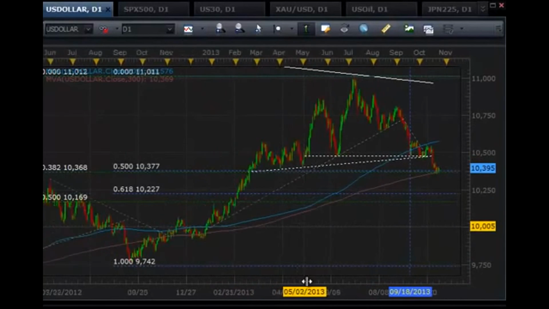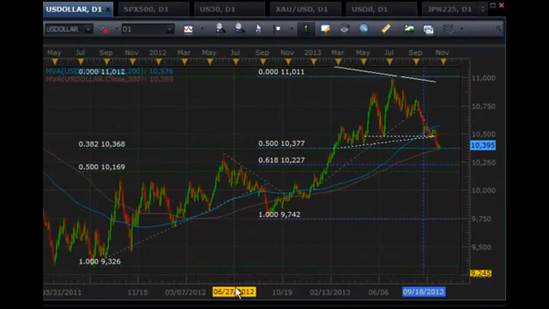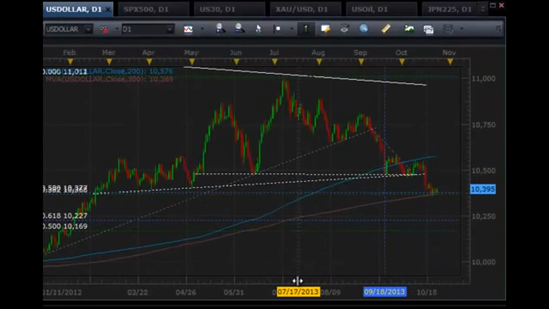And further down, you come into a nice confluence of very significant technical levels, a 38.2 fib of this run from the swing low from 2011 to the swing high in 2013, as well as the 50% fib of the 2012 swing low to the 2013 swing high.